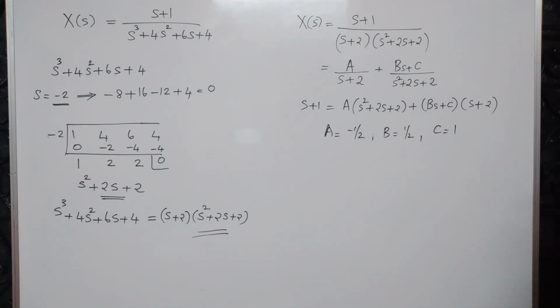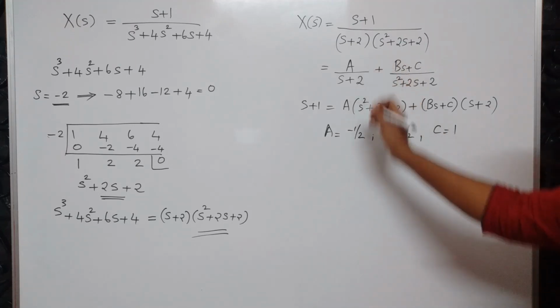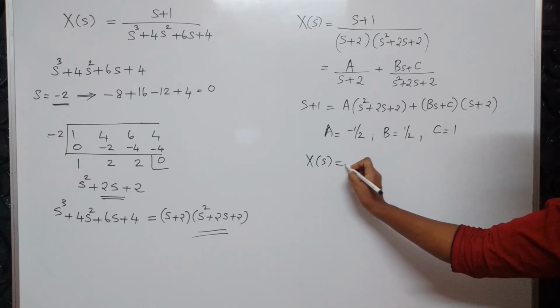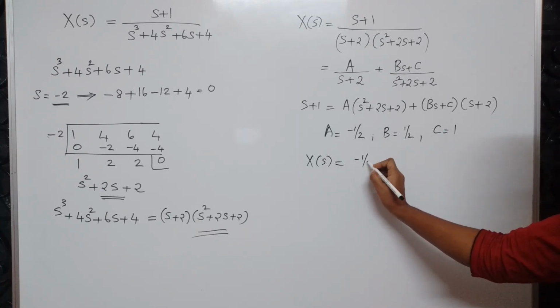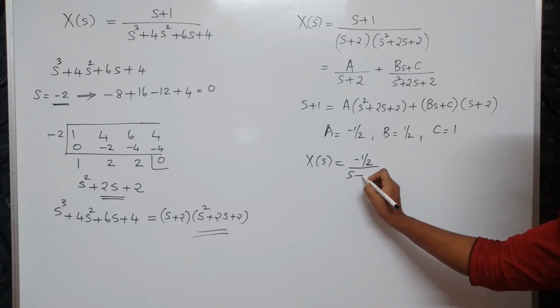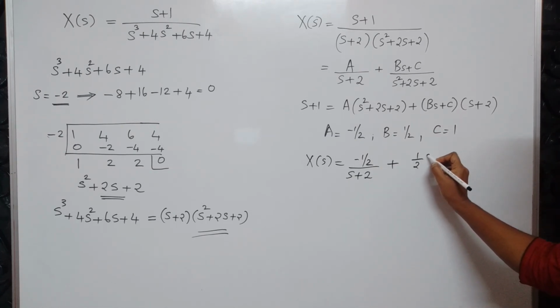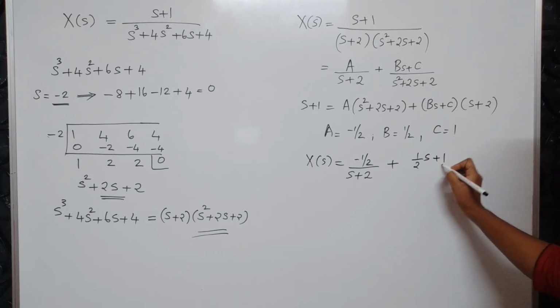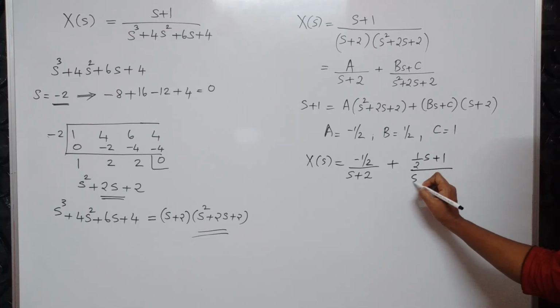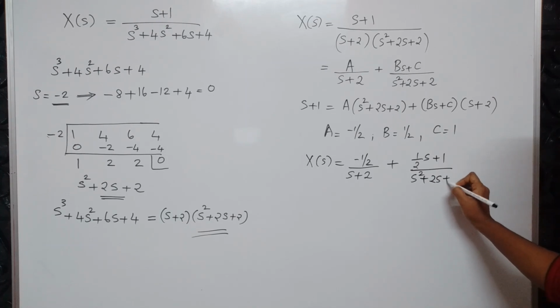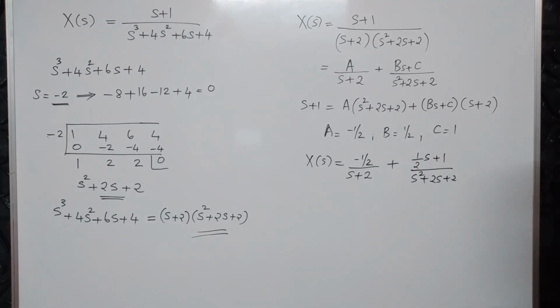So, we can express x of s as x of s equal to minus 1 by 2 by s plus 2 plus 1 by 2 s plus 1 by s square plus 2s plus 2.